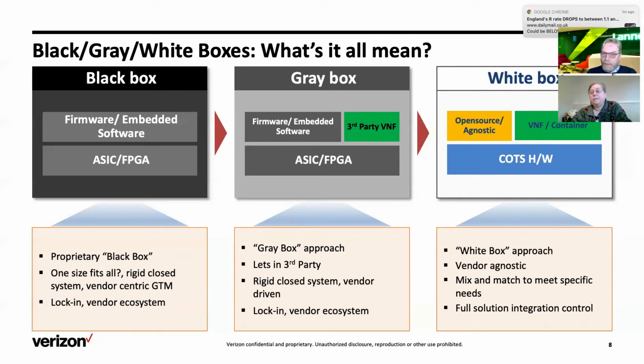It could be applications for unified communications, or applications for a virtual firewall in the enterprise. But really, the whole idea here is to have an agnostic physical hardware which can host multiple virtual network functions from multiple vendors.